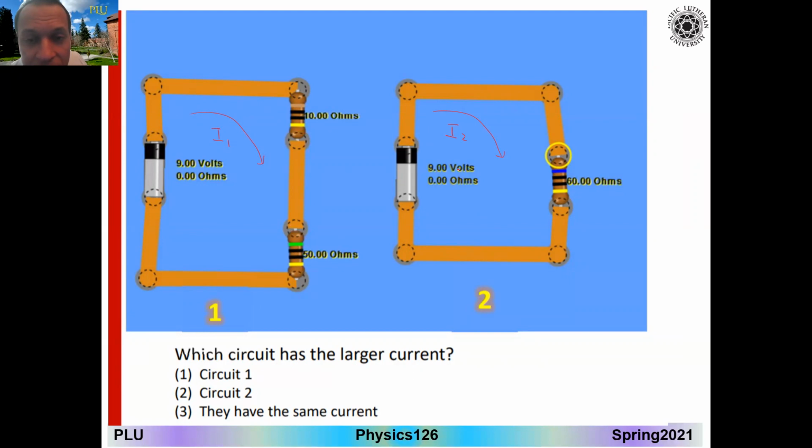What about the second circuit? The current I2 is going to face one resistor, but that resistor is 60 ohms. So 60 is equal to 10 and 50, so they are the same. Both currents will be the same in both circuits, just because the 60 ohm resistor equals the 10 and 50 resistors.